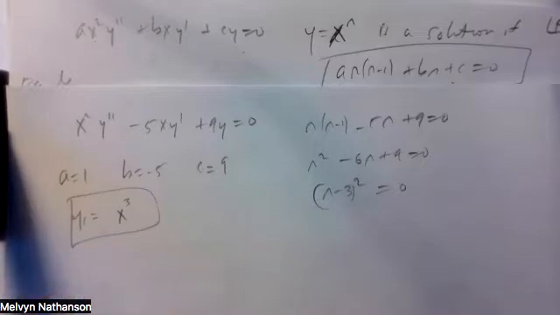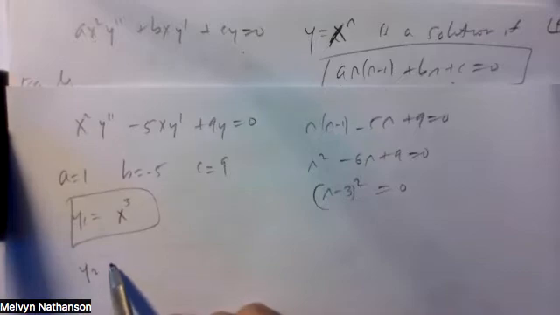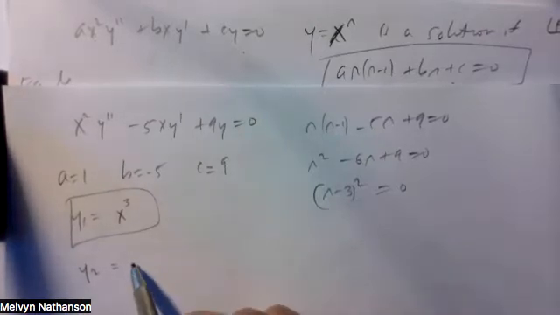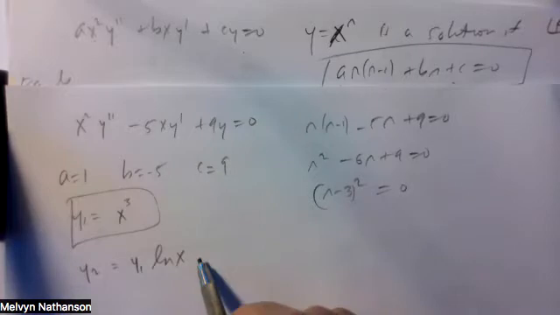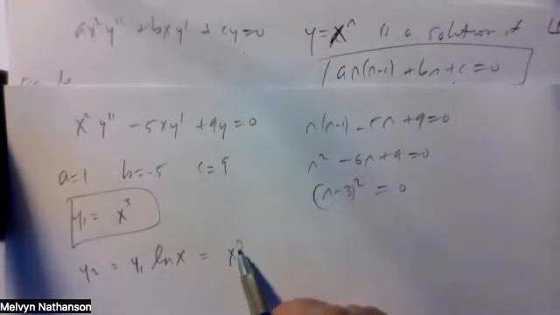What does the other solution look like? There has to be a second solution. It's going to be y1 times the log of x, or x cubed log x. I like to write log, but log and ln are the same thing. I claim this is also a solution.